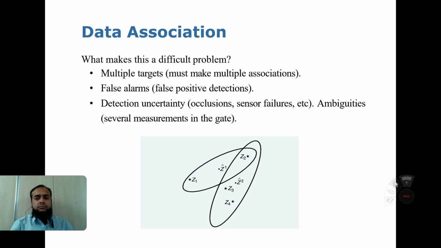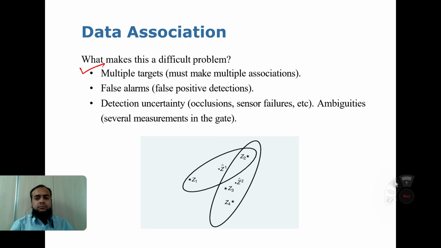Now, what makes this a difficult problem? The first one is multiple targets, because it makes multiple associations, and we do not know which measurement belongs to which target. In the same way, sometimes two tracks share the same measurement. Multiple targets is very difficult, because it is difficult for the data association to decide if two tracks share the same target.